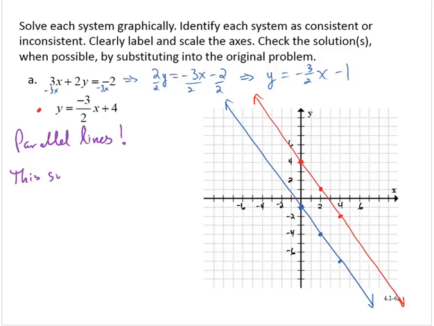This system has no solution. And when this happens, we call this system inconsistent.